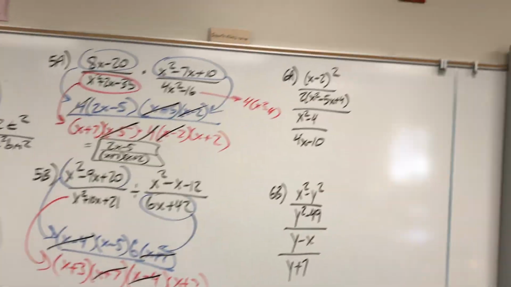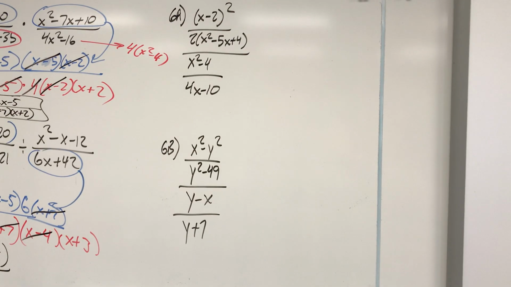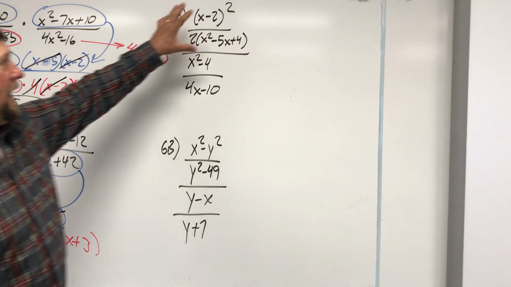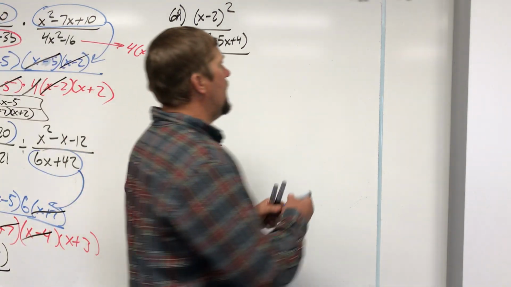All right, the last step of this whole section is called complex fractions. And basically we're doing the same thing as dividing, because you have one fraction divided by another. So basically here's the concept.